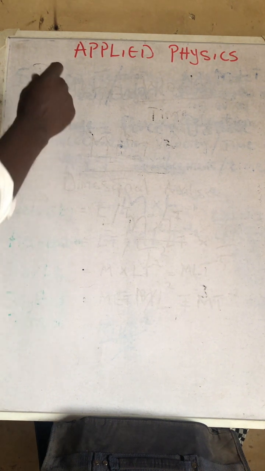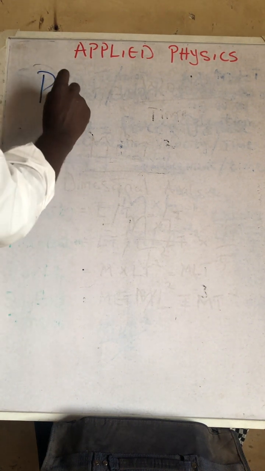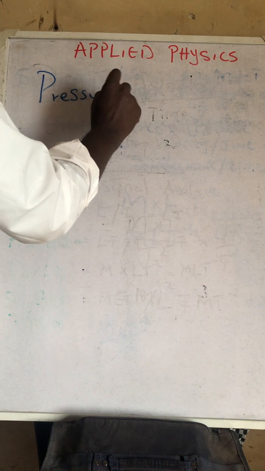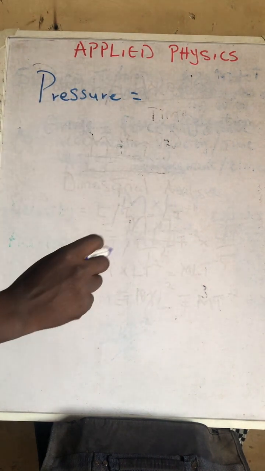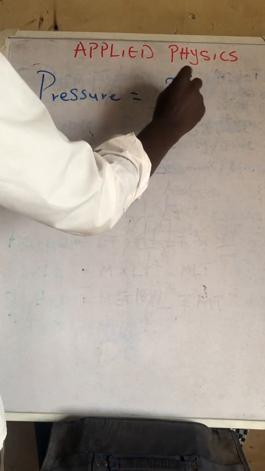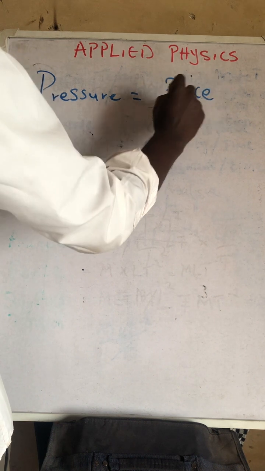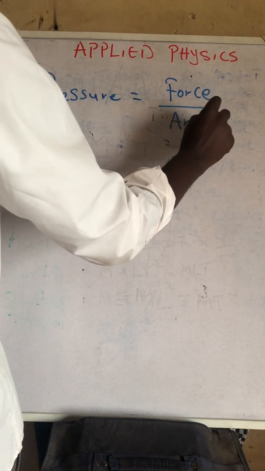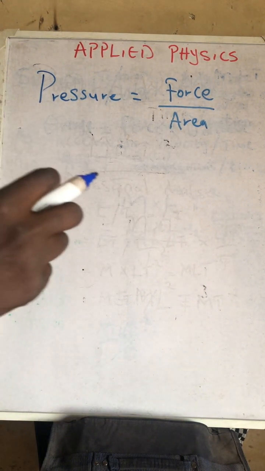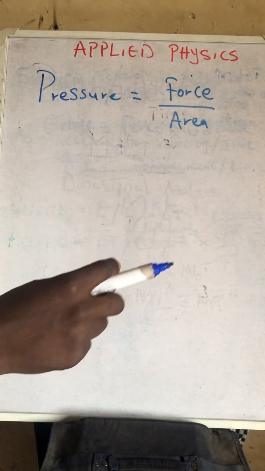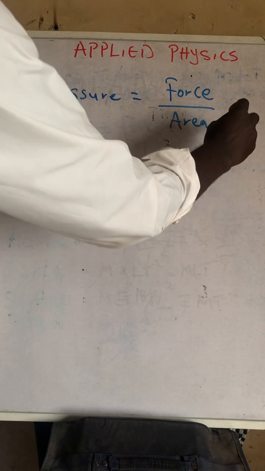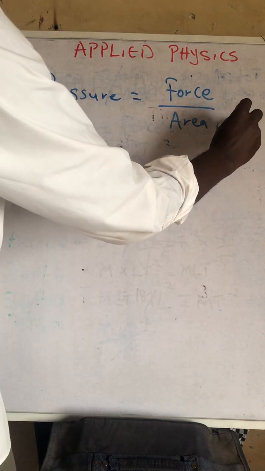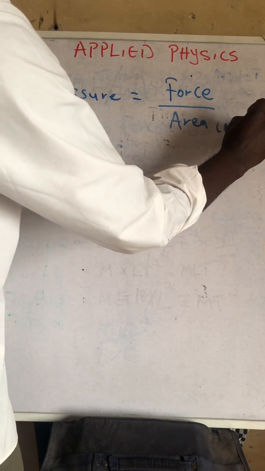Alright, the next derived quantity we are going to be solving for the dimensional analysis will be pressure. Pressure is measured as force over area. And we know the unit for measuring area is meter square.